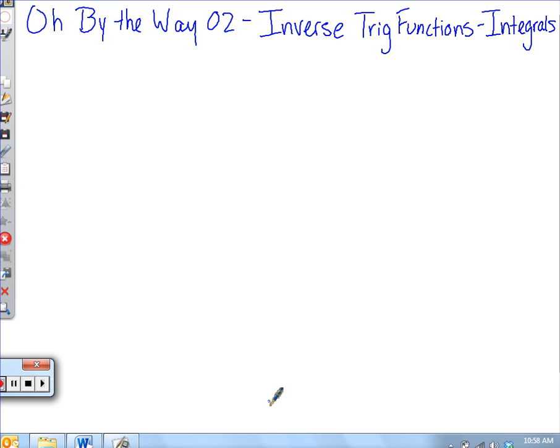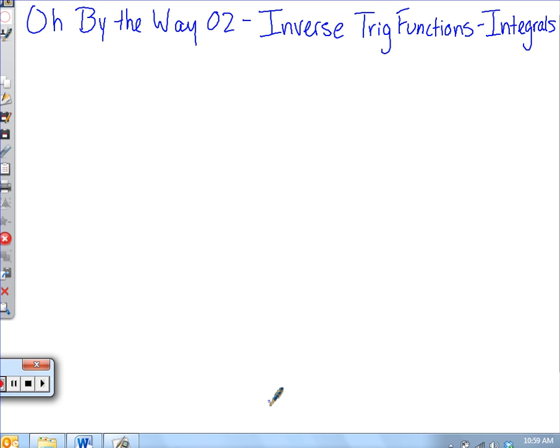Functions, integrals. So the idea here is not that we're actually going to take the integral of inverse trig functions. We're going to take the integral of all those things that you just learned about and get inverse trig functions out of them.